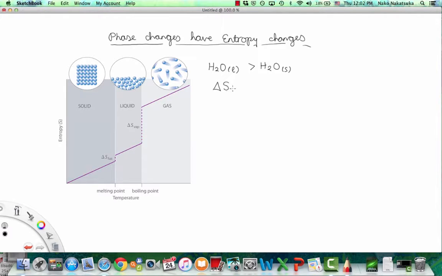The entropy change of melting ice is given by the equation Q rev over T, which I showed you before is the second law of thermodynamics, and it can be written as the delta H of fusion over temperature. Now this temperature has Tm because this is called the melting point temperature.